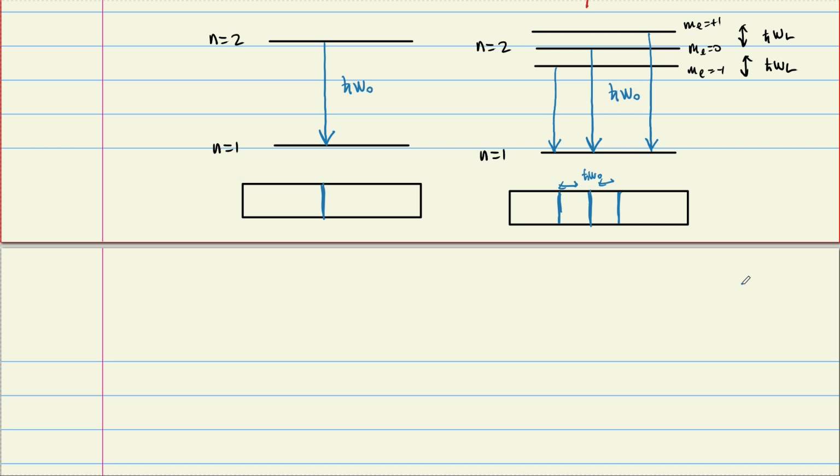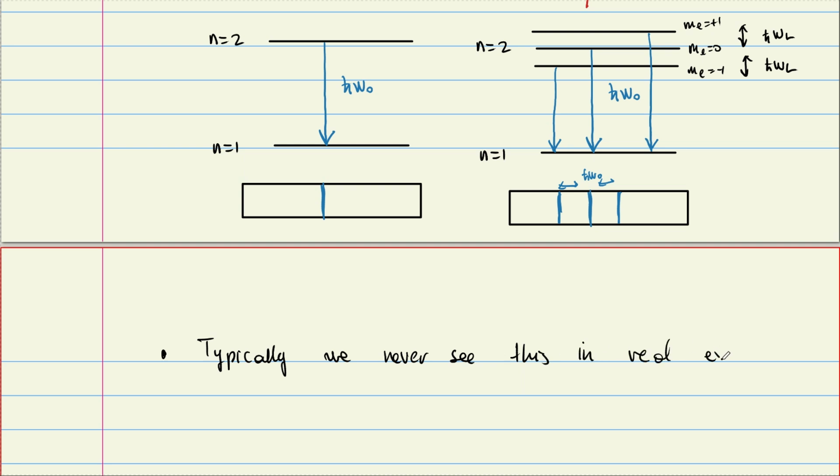So this is all good in theory, but in real life, this is not what happens. So all this work, you may feel like it's useless, but it is not. Typically, we never see this in real experiments.